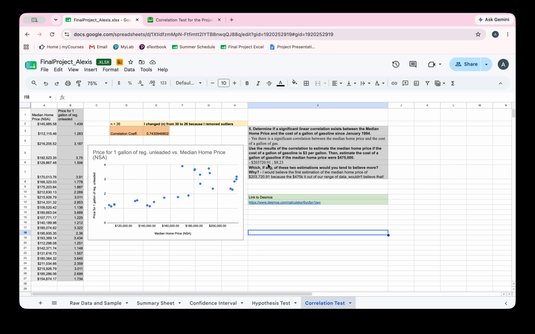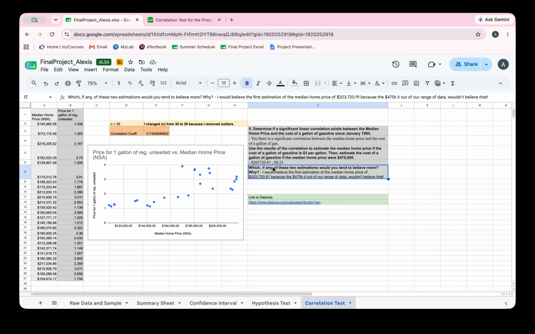This makes the prediction reliable. The median home price of like 475K, however, is far outside the upper limits of our data set. You don't even see that number at all in our data set here. So relying on the second prediction shows a kind of dangerous error of extrapolation here. So I wouldn't trust the $8.23 at all.